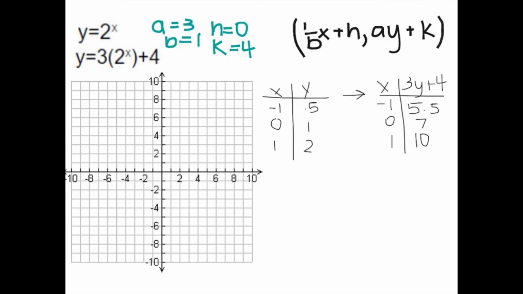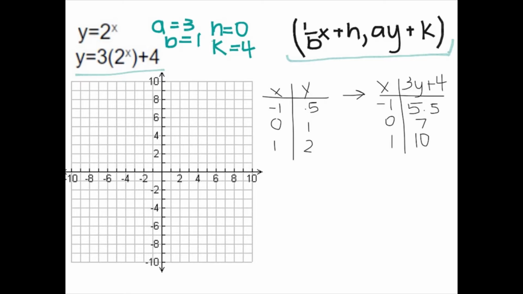And now if we were to graph this, we would need to have a table of values for the base function and a table of values for the transformed function. But in order to do the second one, we would need this, which is known as the mapping notation. We would take this and plug it in here.